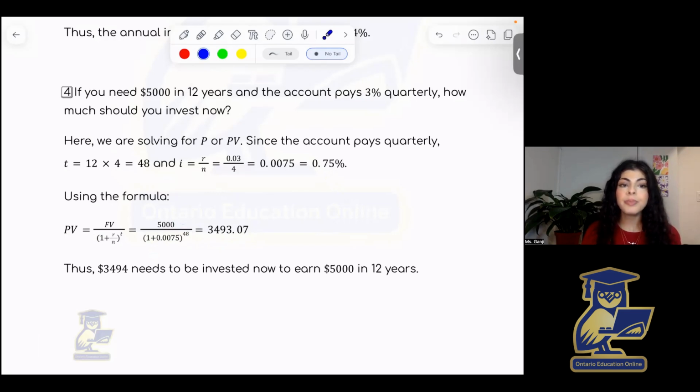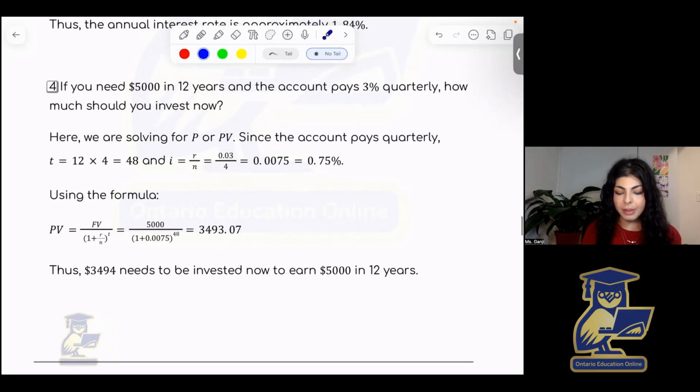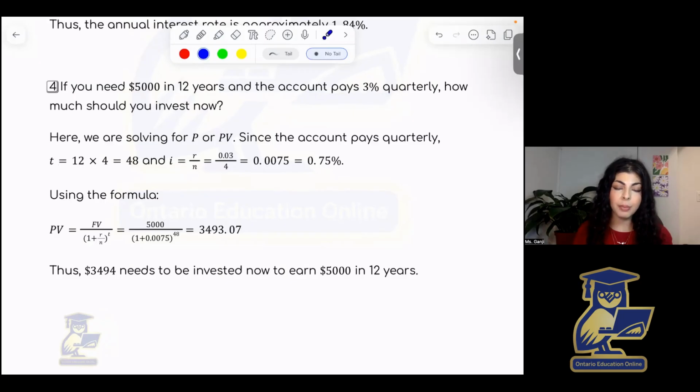And if we round up, we need to invest $3,494 today as our present value to earn $5,000 in 12 years in an account that pays 3% quarterly. I mean, that part is already in the question itself, but just a repetition for you to remember as well. And of course, if the rate changes, if the compounding period changes, or if the number of years changes, your P value is going to change as well.